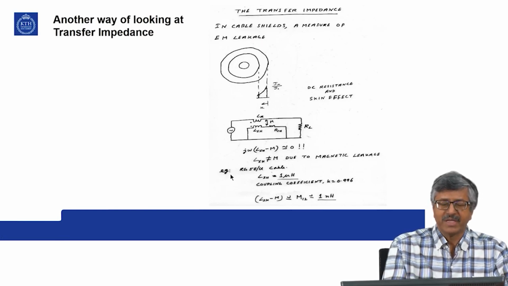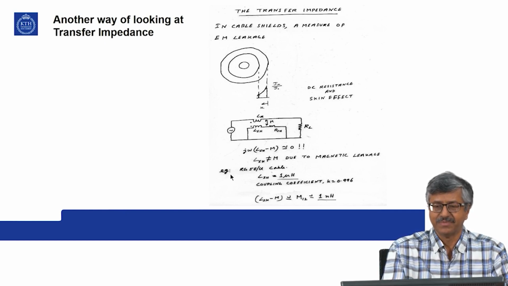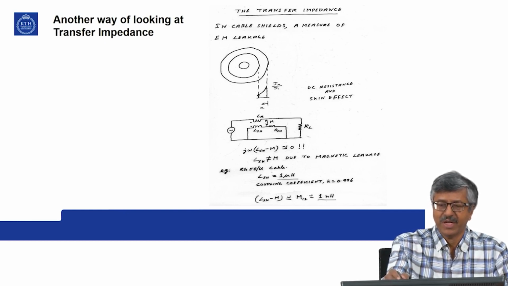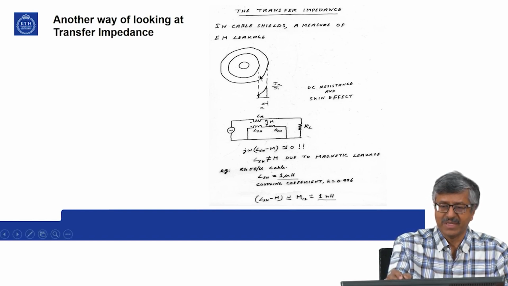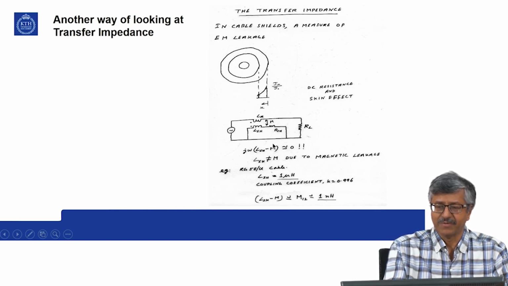Another way of looking at transfer impedance in cable shields is as a measure of electromagnetic leakage. As said before, the fields are leaking from the outside to the inside. This is the current density. Let us have this equivalent circuit for the shield, which you have seen before.